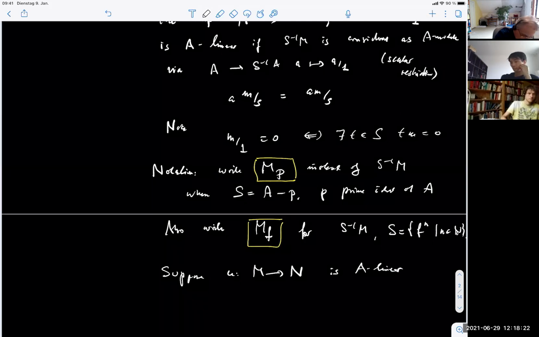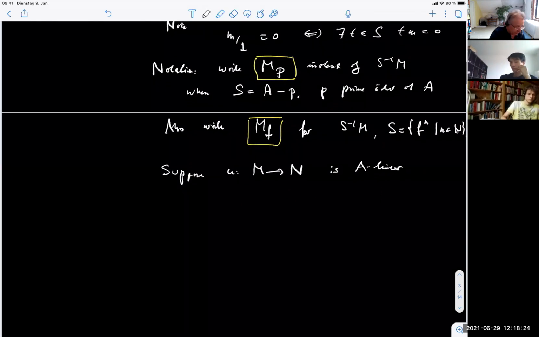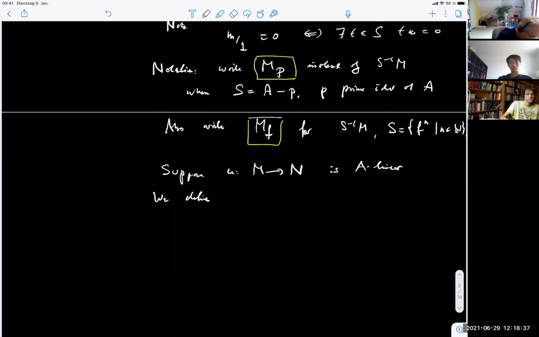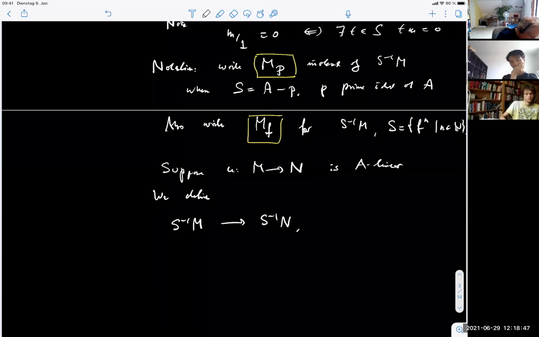Needless to say, M and N are A modules. Now I want to assign to it a corresponding linear map of the localizations. How do we do it? The obvious way of trying is this.